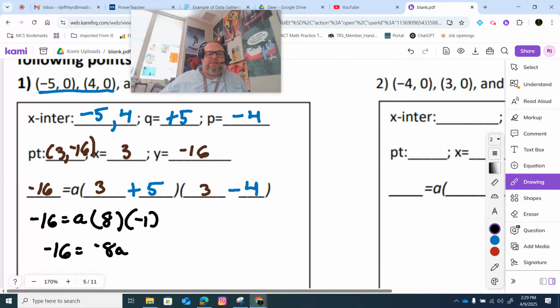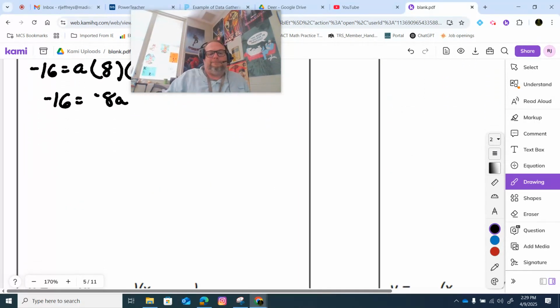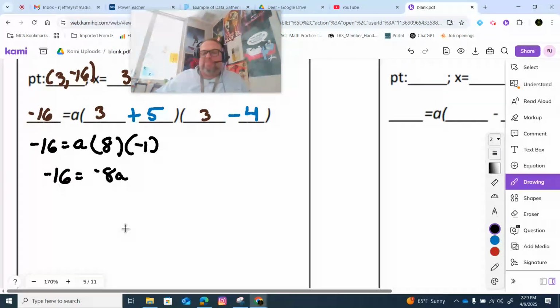So this becomes negative 8. All right. So what does A equal? Yep. So A equals 2.